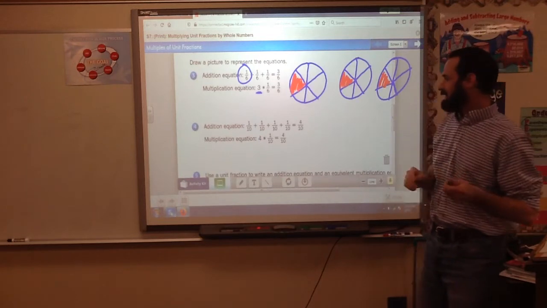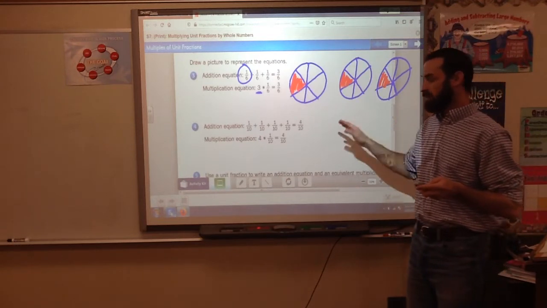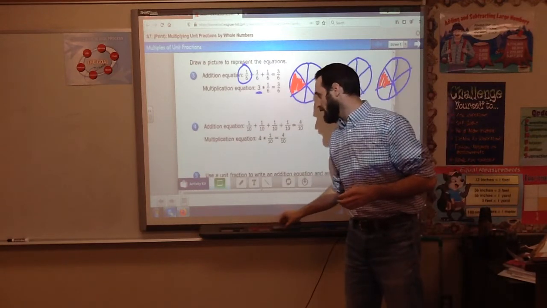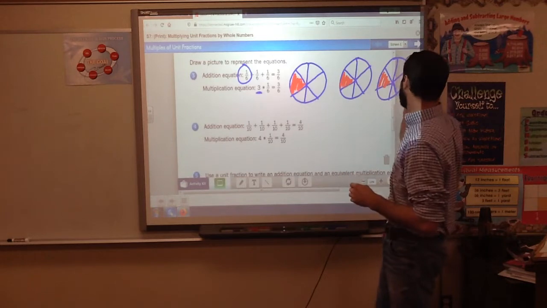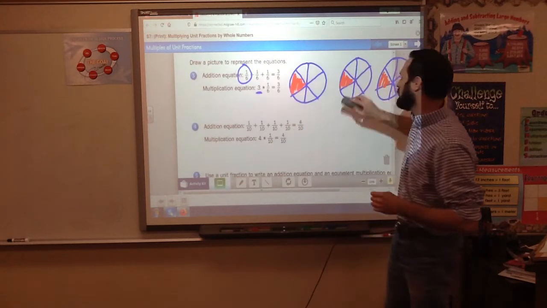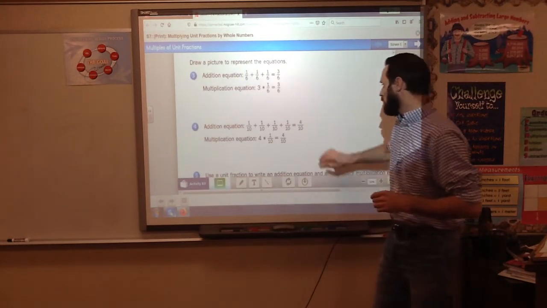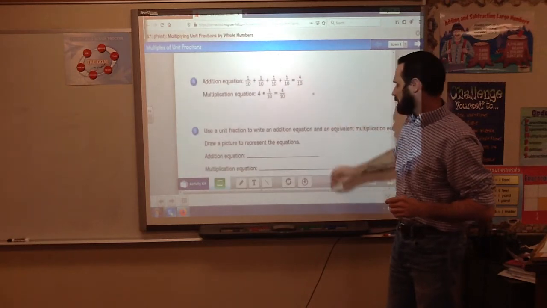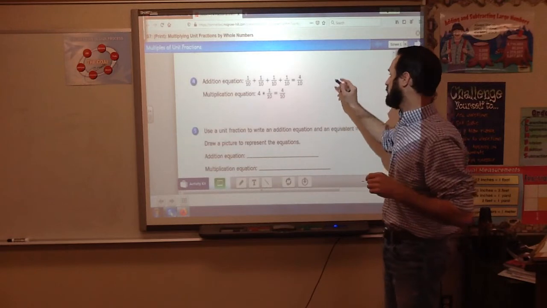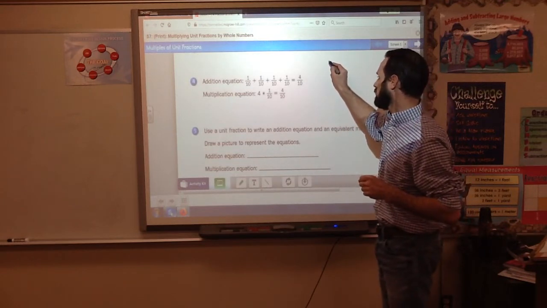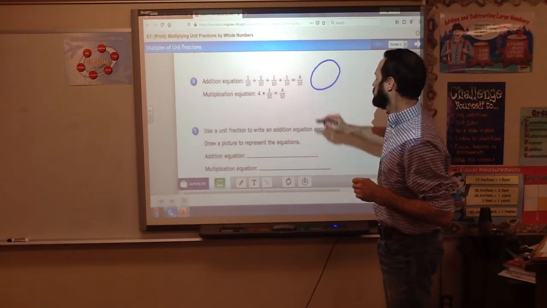Now, what I'd like to see you do for number 4, initially I'm going to show you how to draw tenths. I might need a little bit more space, so I'm going to delete those. Move that up. Here's how to do tenths. I've shown you how to make fifths. Tenths are a little bit more tricky. You start with your circle.